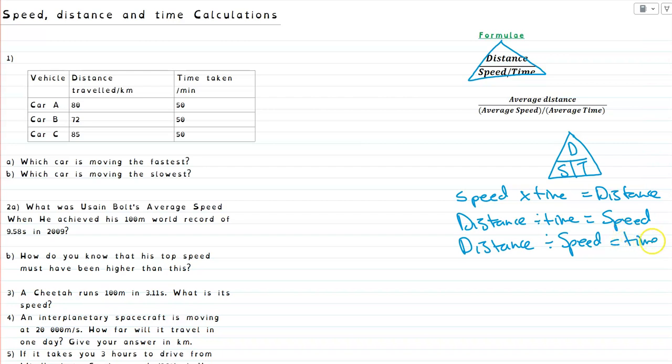No wait, time equals distance divided by speed, and speed equals distance divided by time. So out of that triangle, out of this small formula there, you have three equations that you automatically will remember if you remember this triangle.